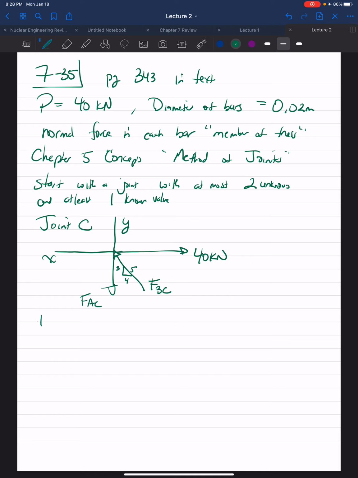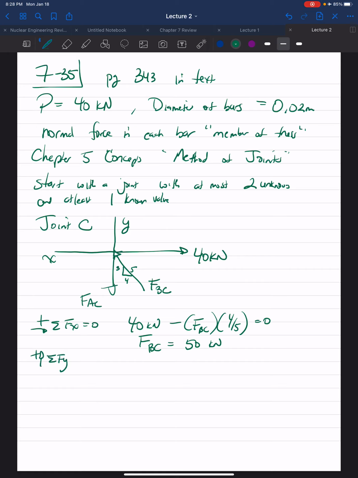So then using our equations of equilibrium for this joint, sum of our forces in the x direction equals 0. We have your 40 kilonewtons minus your FBC. We want the x component, so that's 4/5. That's the ratio, equals 0. And your FBC is 50 kilonewtons.